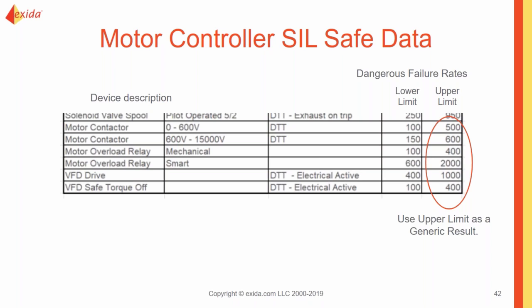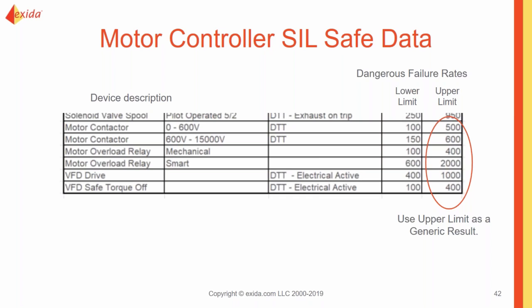There could be different complexities on those motor contactors that I'm not sure of, but if I'm handed a failure rate of 2 FITs, I'm going to say, well, between 100 and 500, and I'm given 2. Is my motor contactor really an order of magnitude better than anything else in the market ever was? Or is that unrealistic or over-optimistic data?